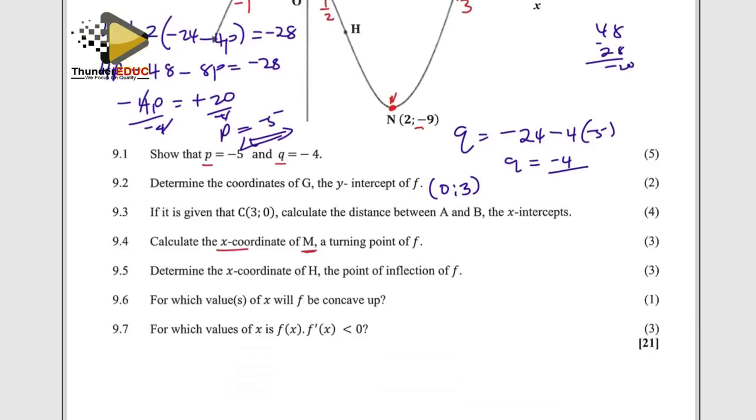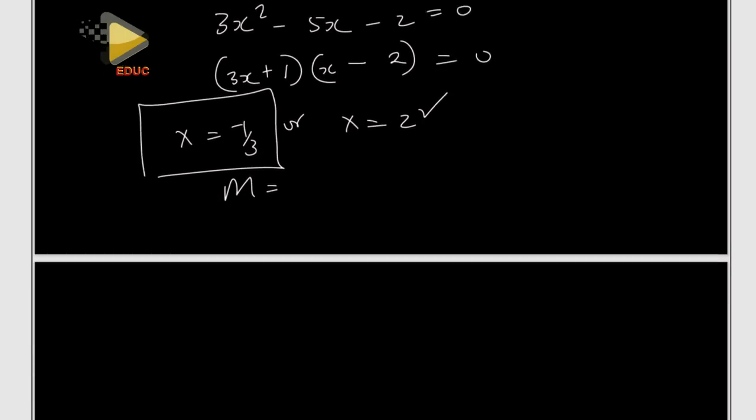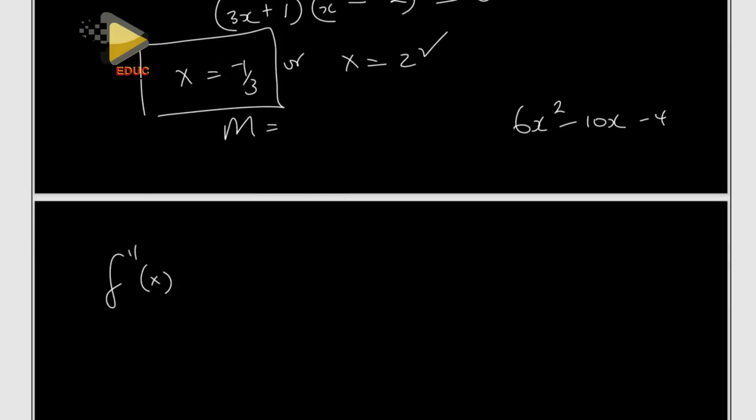Then determine the x-coordinate of H, the point of inflection. With the point of inflection, we need to find the second derivative. Remember, the first derivative was 6x squared minus 10x minus 4. So the second derivative is just going to be 12x minus 10.